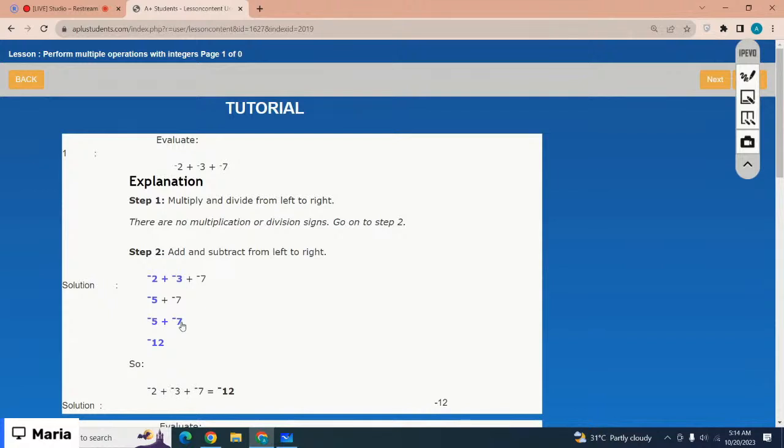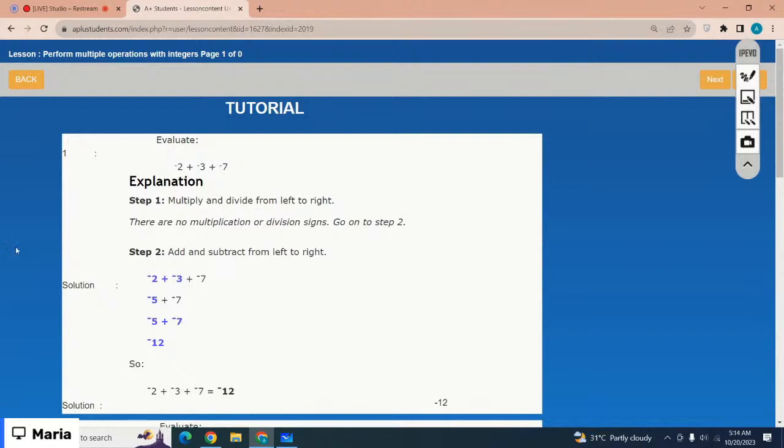You are adding a negative number, and adding a negative number is same as subtracting. So negative 2 and negative 3 is negative 5. Then you have negative 5 plus negative 7. You are again adding a negative number. So that would be negative 5 and negative 7. That is negative 12, right?